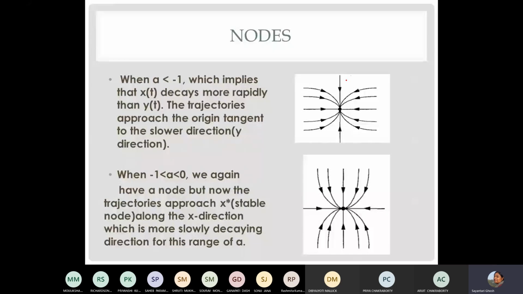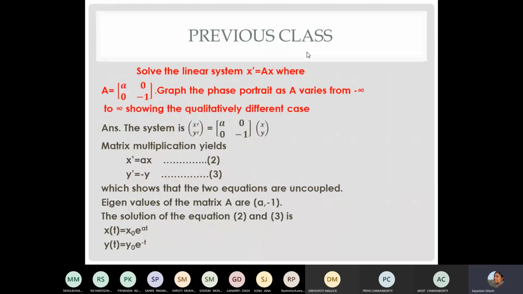So the main point that I needed to highlight in the last class, where we got confused and I wanted to give you some time to absorb, was that A could have different values. A can be positive or negative, and all these discussions that we have done are for A negative, right?